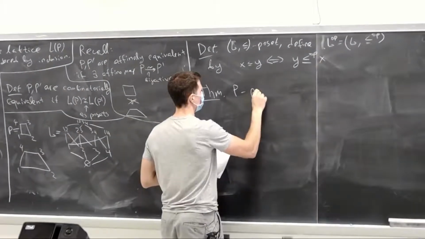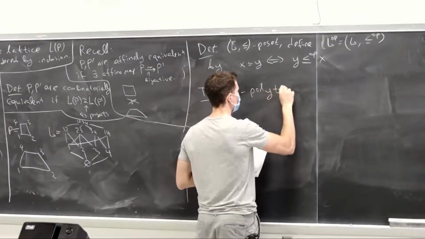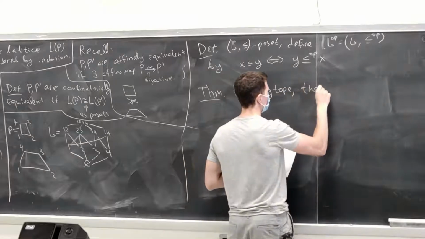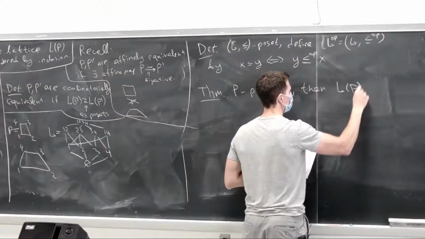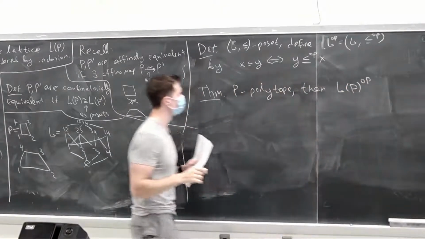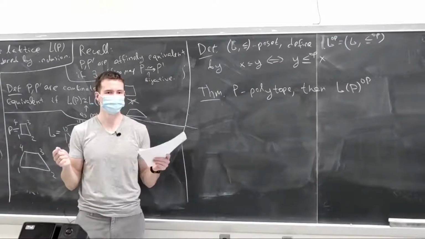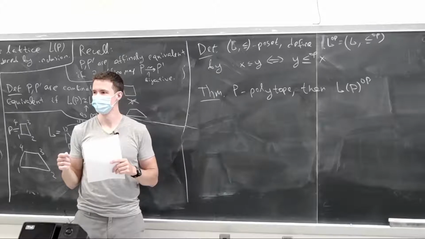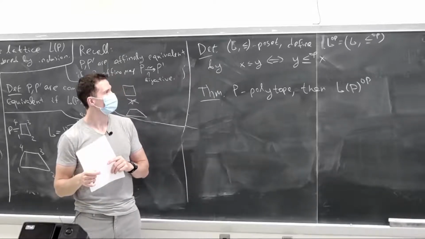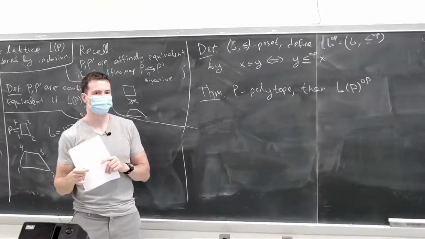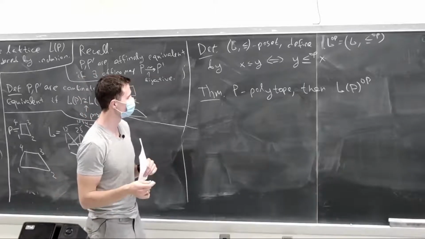P is a polytope. Then the opposite of the face lattice is, I wonder if somebody can guess. Yeah? Nice, very nice. Yeah, that's correct.